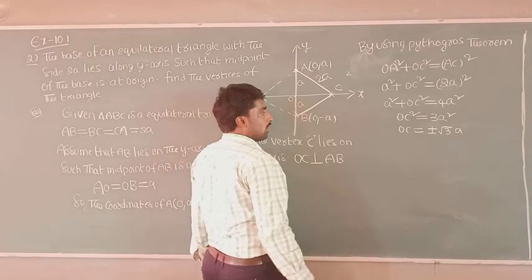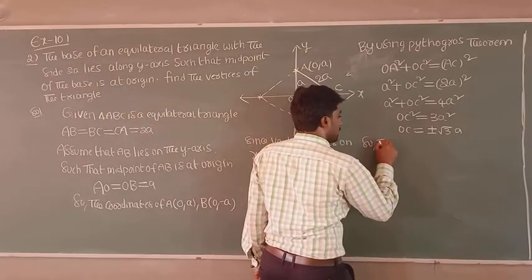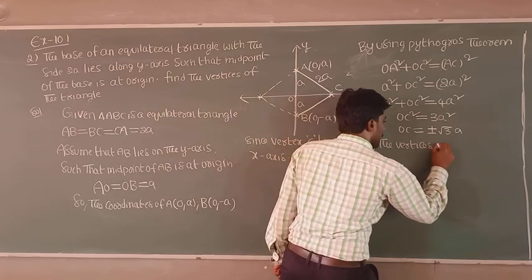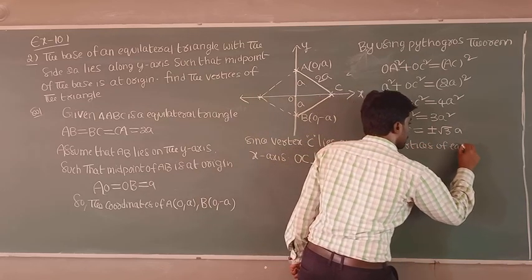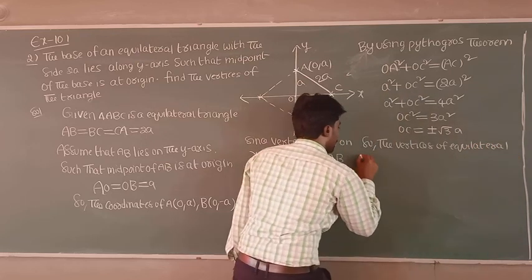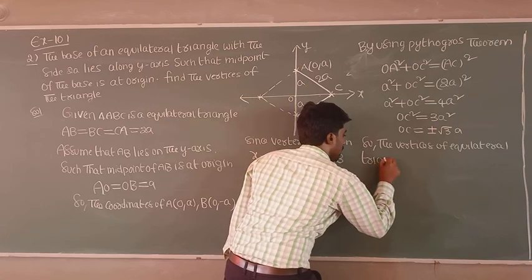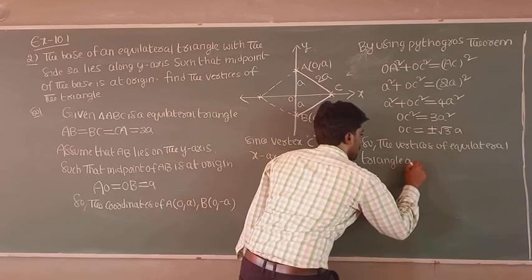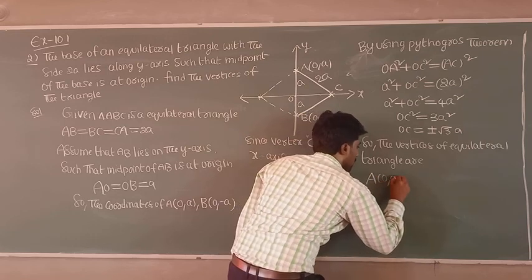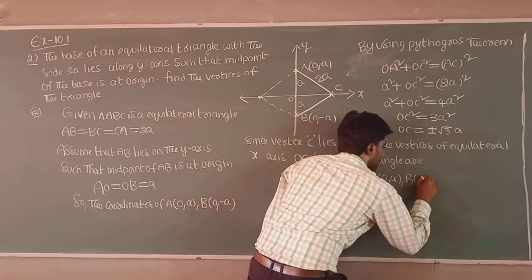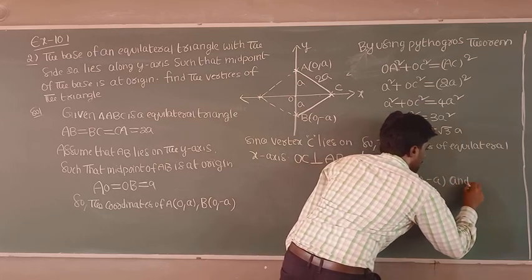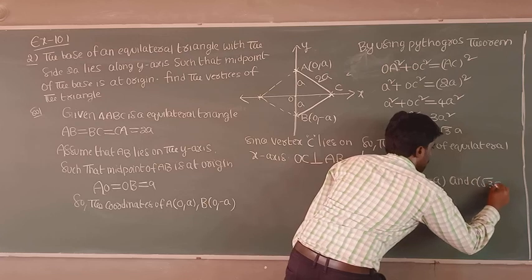Is it clear, everyone? Now, the vertices of the equilateral triangle are: first, A point is 0 comma a, B point is 0 comma minus a, and C point is root 3a comma 0.